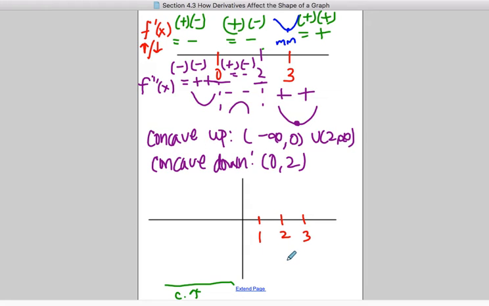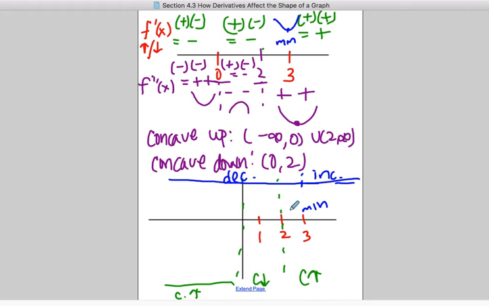Then from 0 to 2, we are concave down. And then from here, we are concave up again. And I know that at 3 there's got to be a minimum. And we are decreasing this whole time, and from this point on, increasing. So I need to sketch a curve that makes this happen.